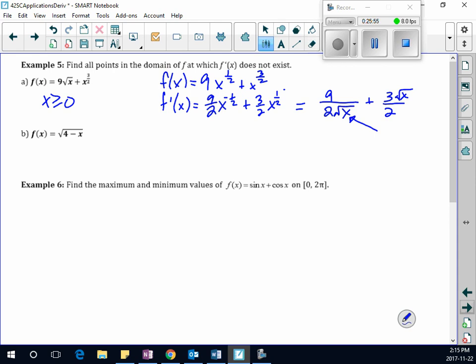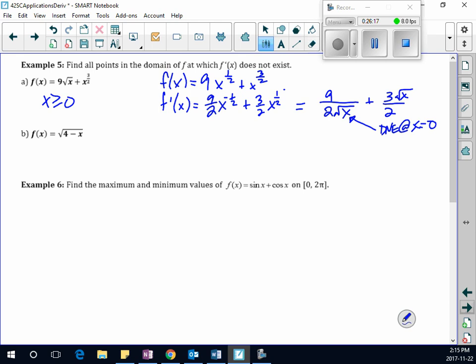Right there. So it's undefined at x equals 0. It's just saying find all the points in the domain that it doesn't exist. So I should say it does not exist at x equals 0.